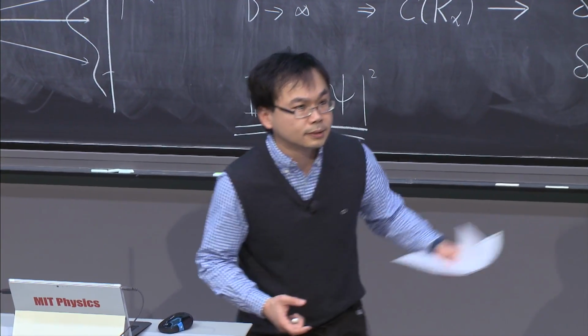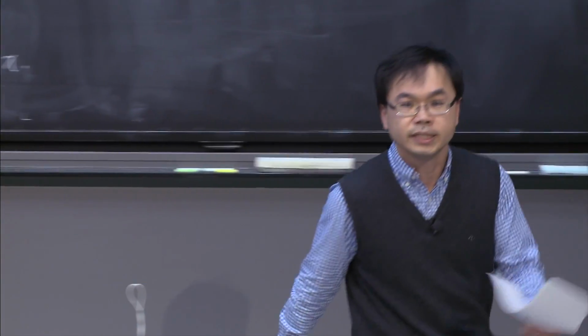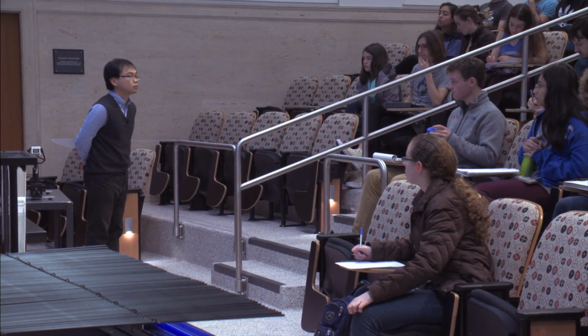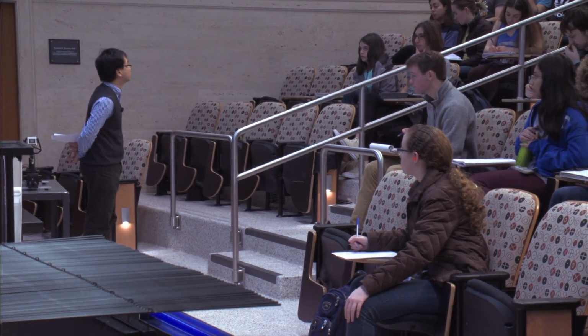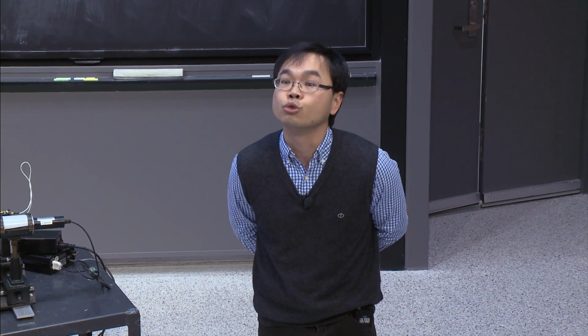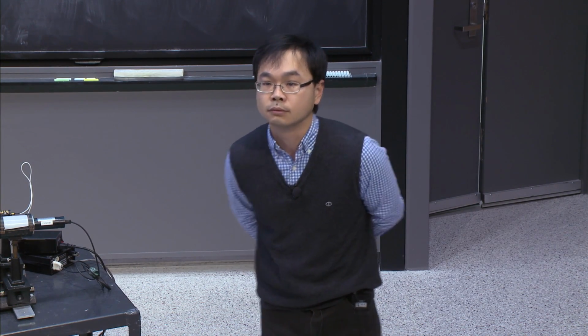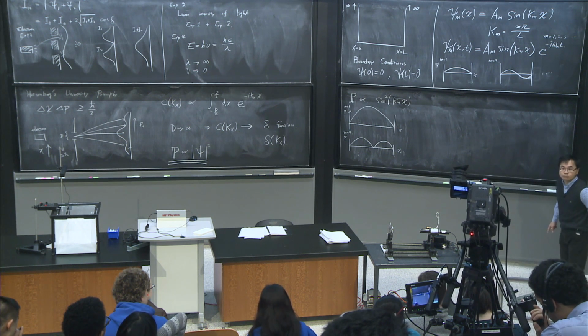Okay? Sounds like a very good story, but there's something missing, right? What is actually missing? You have the normal modes, you have the k_n. What is missing is the wave equation, right? You don't have the dispersion relation.